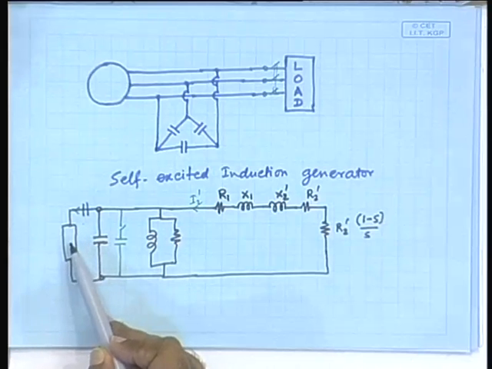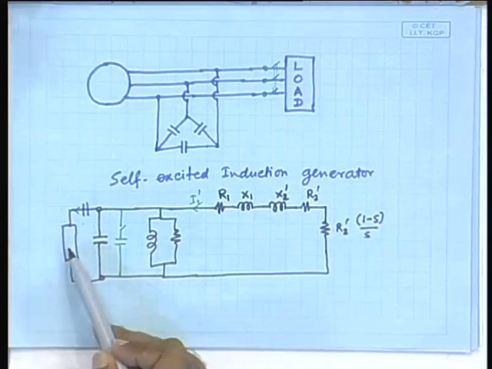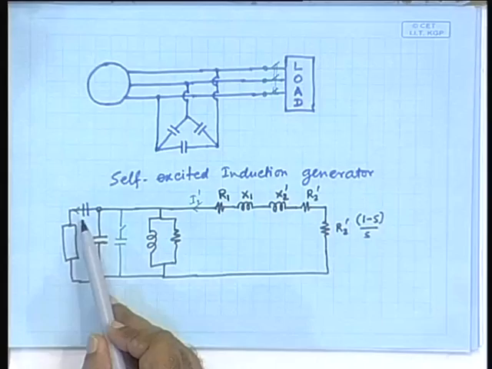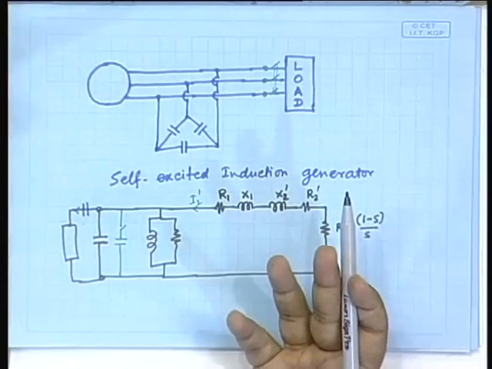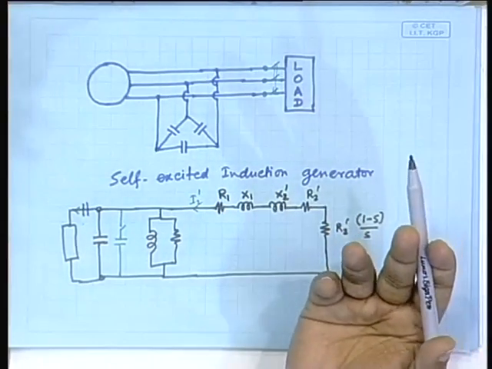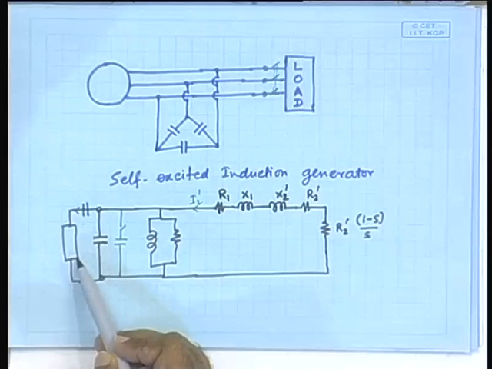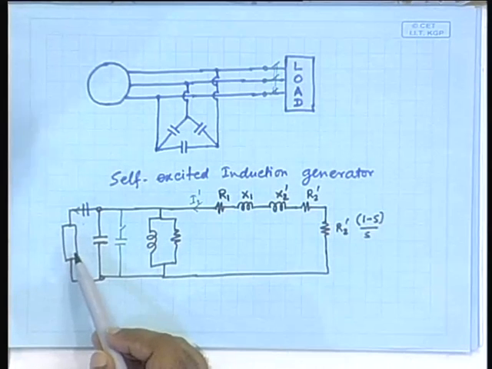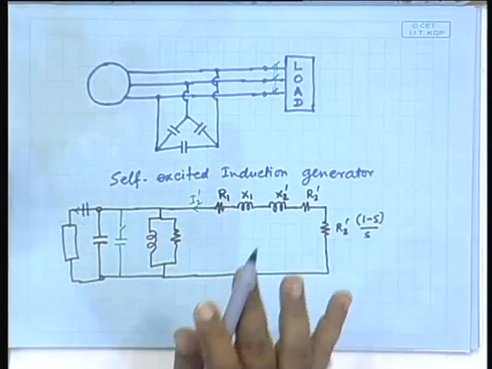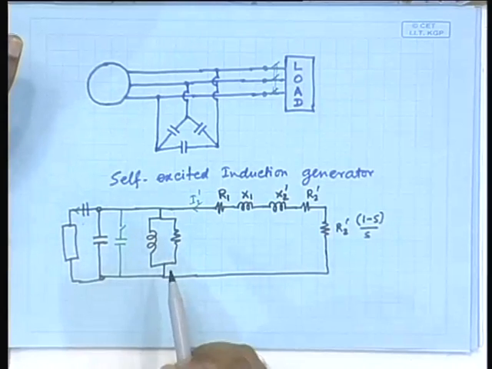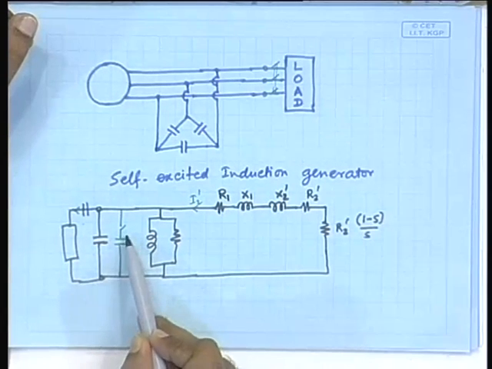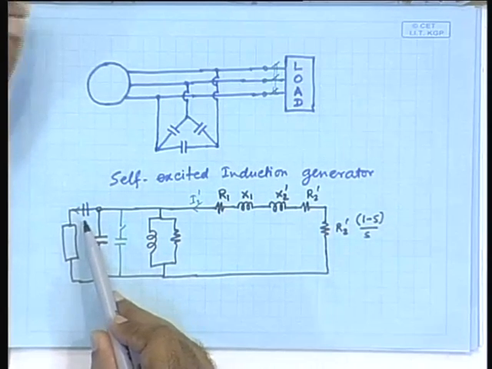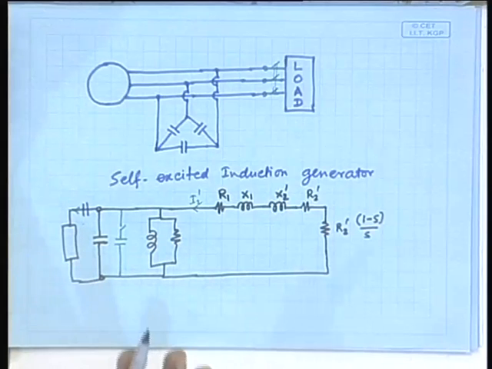So if you connect a load and draw power through that, this load current will increase, which means the amount of capacitive var generated will also increase. So, that will sort of counteract the effect of loading. Yes, that is used, and that is good for this kind of machine. So, not only a shunt branch of capacitances, but also a series capacitance is sometimes used in order to counteract this problem.